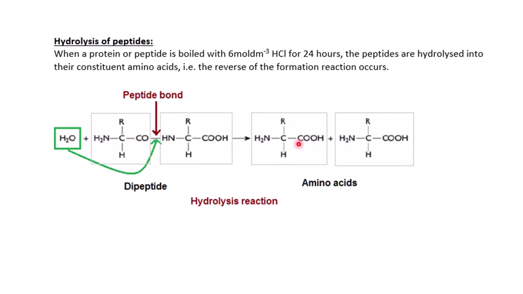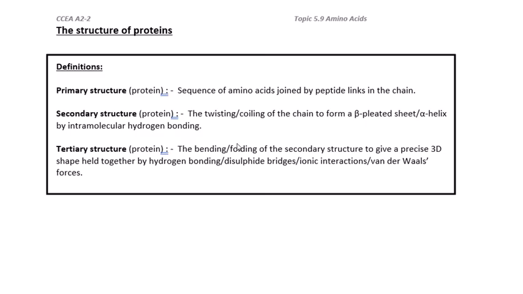The CO bit would become an acid again, COOH, and the NH bit would become an amine, NH2. To do that, we use fairly concentrated hydrochloric acid, about 6 molar, and you usually boil it, probably under conditions of reflux, for about 24 hours, and that will hydrolyze the dipeptide, break those peptide bonds and put them back to their amino acids.